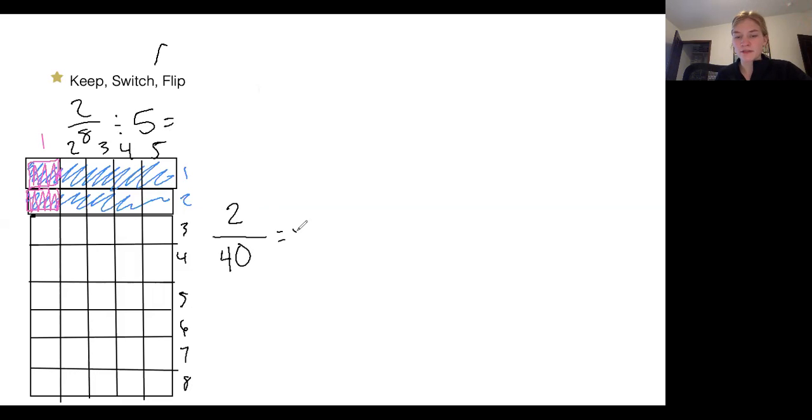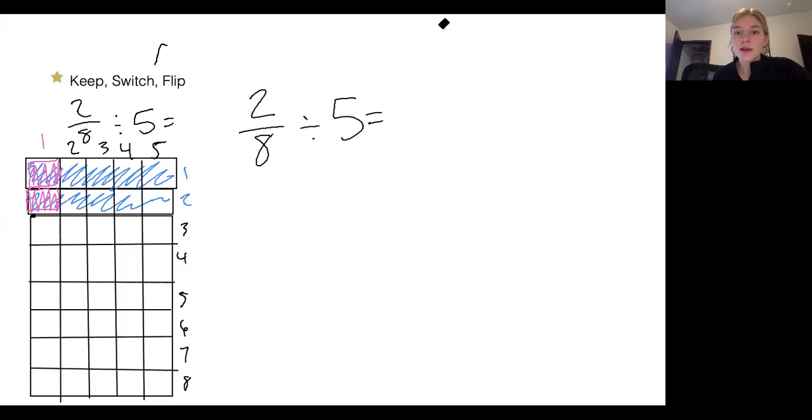And this could be simplified as well, and we will get there later in this problem. I know that 2 goes into 40. I can divide both by 2. So 2 divided by 2 is 1, and 40 divided by 2 is 20. All right, let's see if we can get there using our problem we were given. So I'm going to rewrite it over here. 2/8 divided by 5.